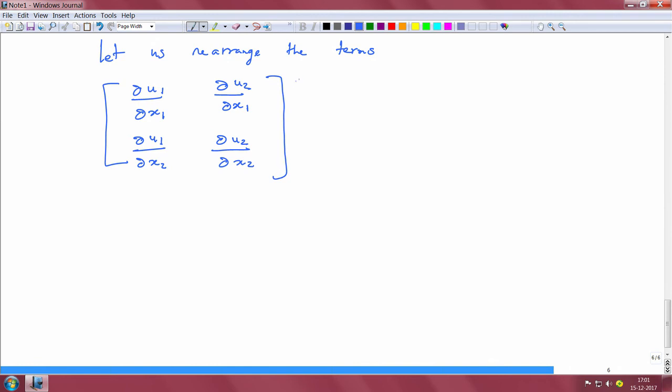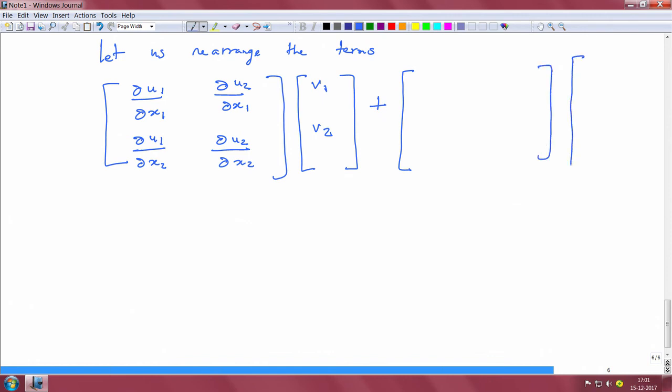and then you will have a vector v1 v2 here. Similarly, you will have one more matrix.